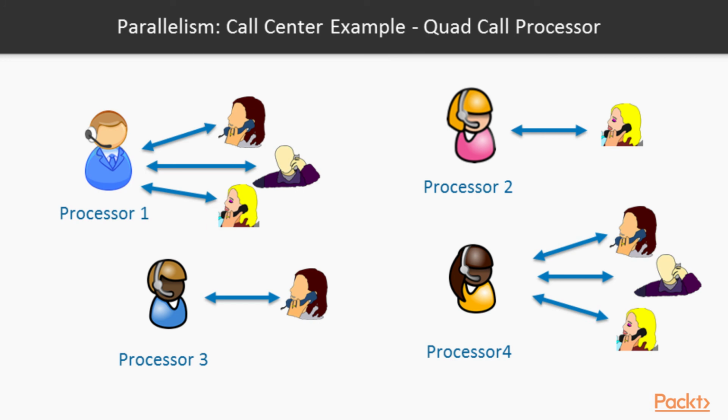Now, with the 2 call center examples that we just covered, I want to make a couple of revelations to help you put the pieces together. Picture the call center as the CPU of the computer. The call processor is an individual CPU core. The customer calling on the phone is an individual operating system process. In other words, the customer can be considered a running program on the computer.